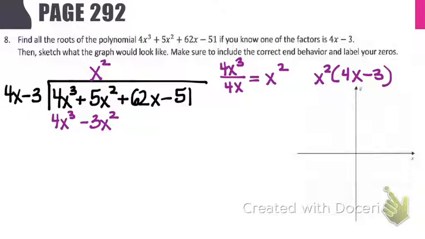Before you add, you have to change both signs. So this changes to a negative, this one changes to a positive. When you add, you get 8x squared.